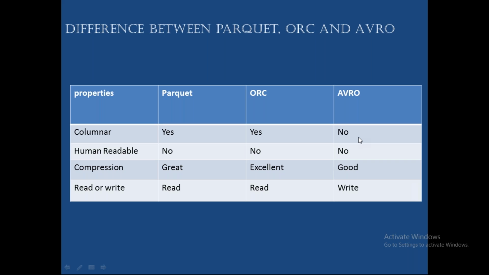It will be easy for the program to fetch those two columns because each column's data will be adjacent, next to next, as you are storing data column wise. That's why when it is reading, it will get better performance. That's why you see read and write: Parquet is recommended for reading, ORC is also recommended for reading, and Avro is recommended for writing.